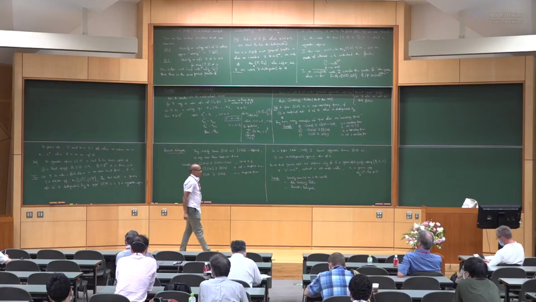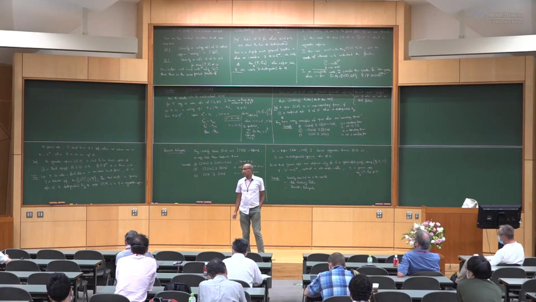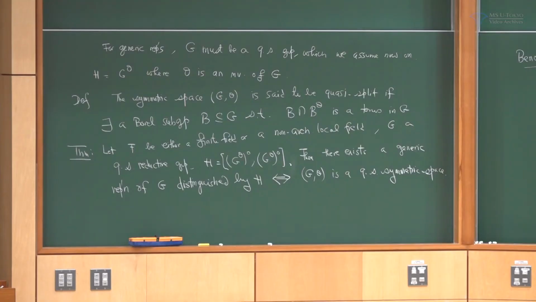So there is a very neat answer, something which can be expressed in a very compact way, that there exists a generic representation if and only if something is true about the symmetric space.